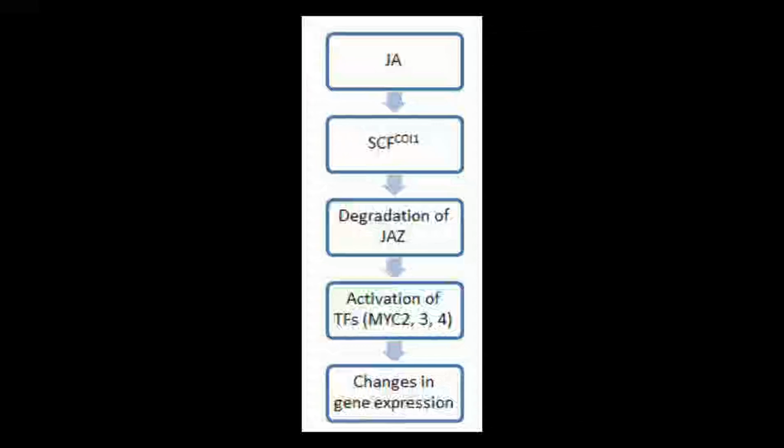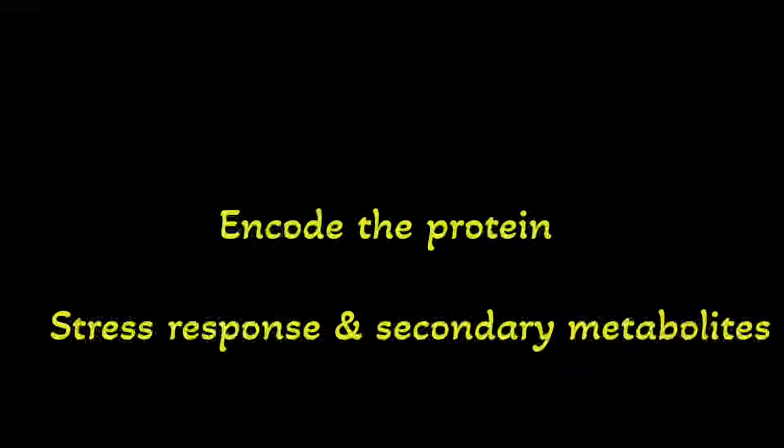After that, activation of transcription factors: degradation of JAZ proteins allows transcription factors like MYC2, MYC3 and MYC4 to activate jasmonic acid responsive genes, and these genes then encode proteins involved in defense, stress response and secondary metabolites.